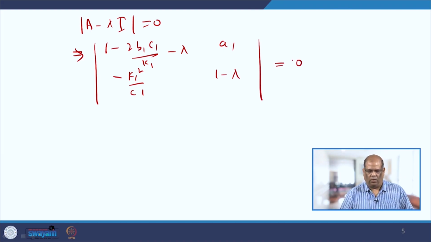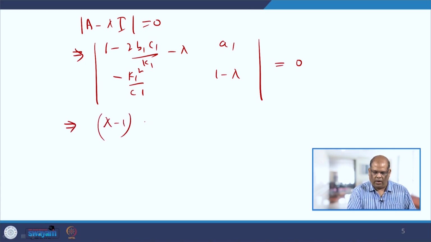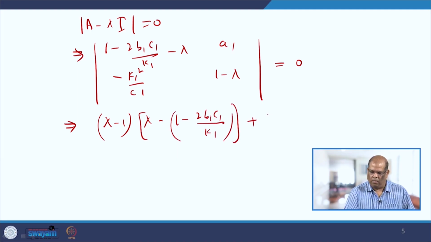This is equal to 0, and you can write it as lambda minus 1 minus 2 b1 c1 by k1, plus a1 k1 square by c1 equal to 0.